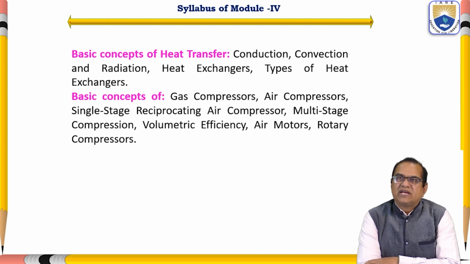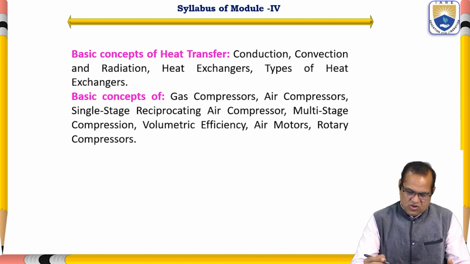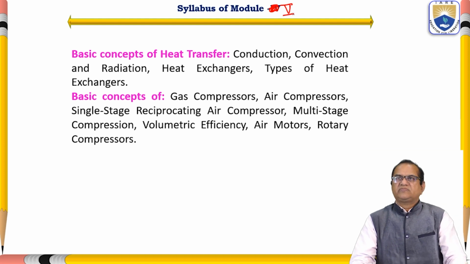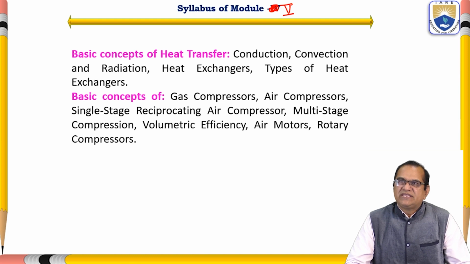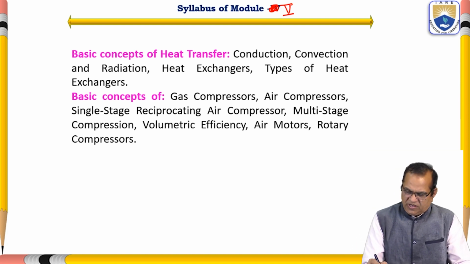If you see the syllabus of this 5th module, in this we have the basic concept of heat transfer: conduction, convection and radiation. Then we have the heat exchanger and types of heat exchanger. This is in the heat transfer.